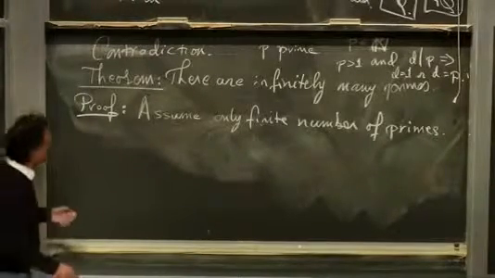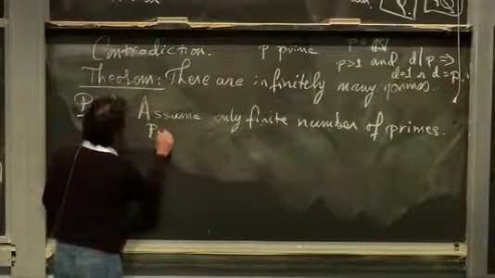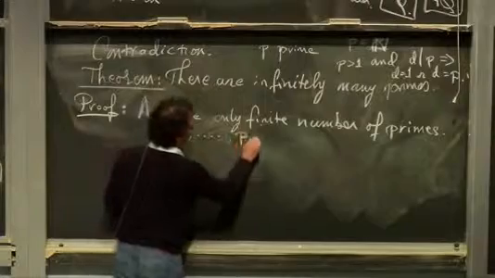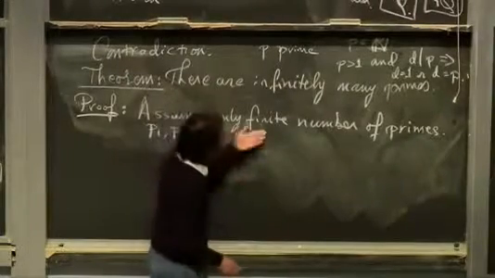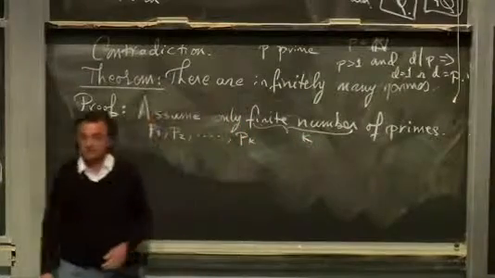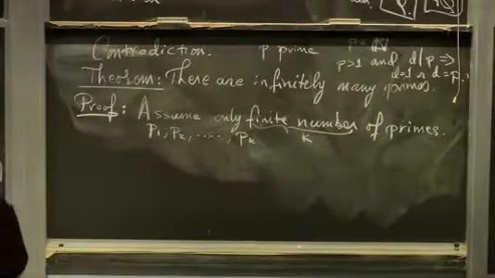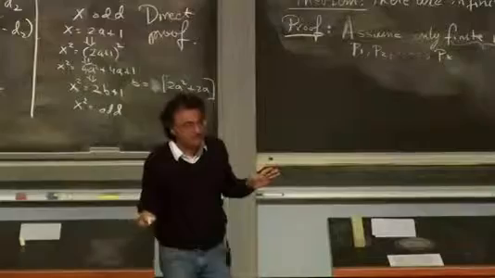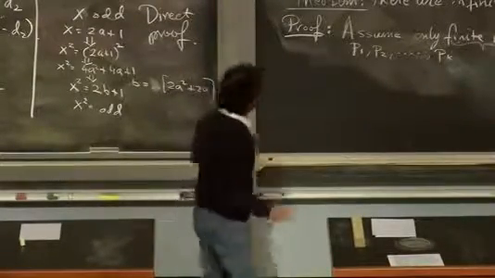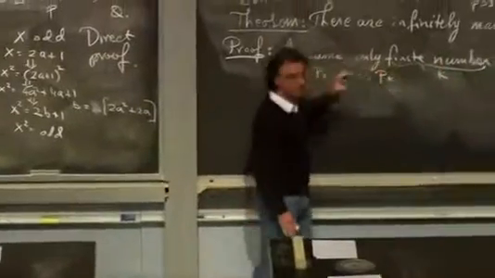Let's even assume what they are. Let's call them p1, p2, and so on, up to pk. So they are a finite number, and let's call that finite number k. It could be 50 billion and 4,000. We made up some number; whatever it is, that's the number of primes.